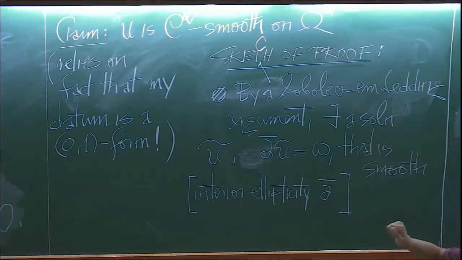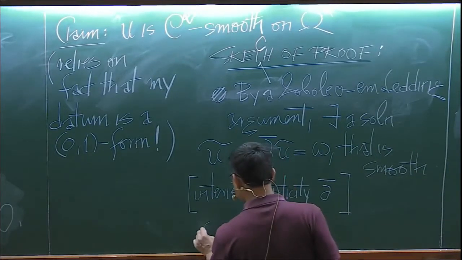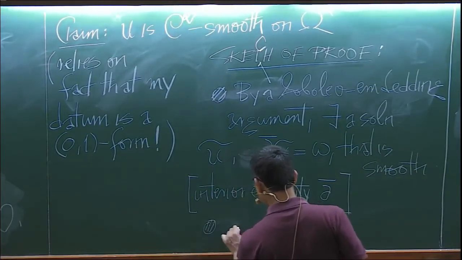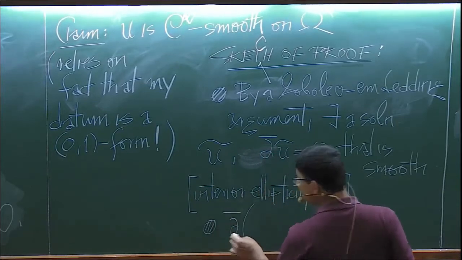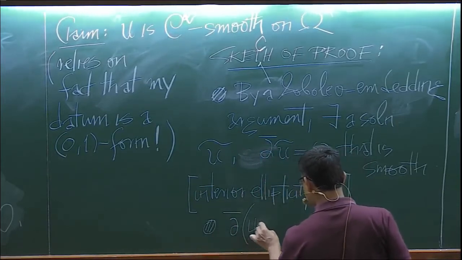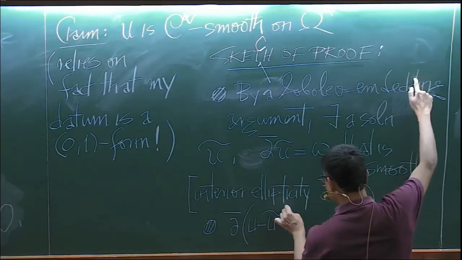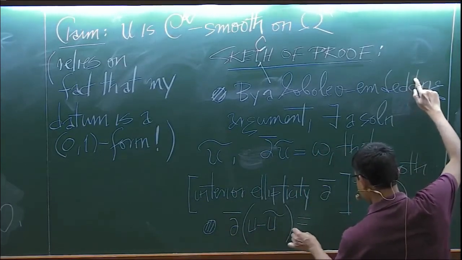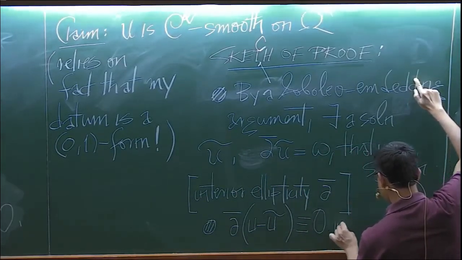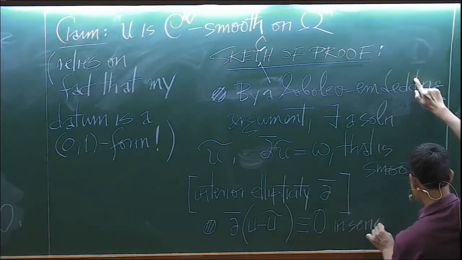But I'm claiming that the solution that satisfies this estimate is also C infinity smooth. So let's look at it this way. We have that d bar of my solution minus this smooth solution is identically zero in the sense of distributions.